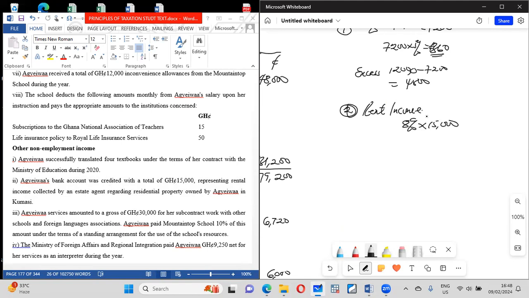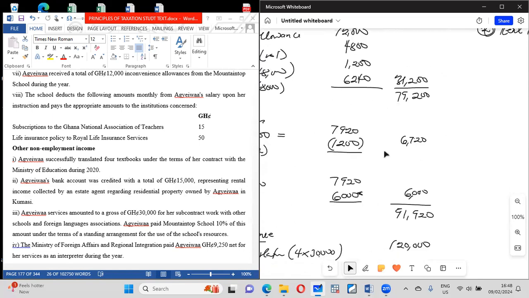So she will pay a tax of 0.8 on the rent of 15,000. That is 1,200. So that is the rent, taxed at 8%. That is fine, and it is a final tax, so we won't bring it in here.